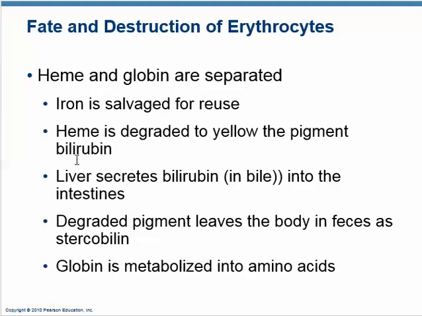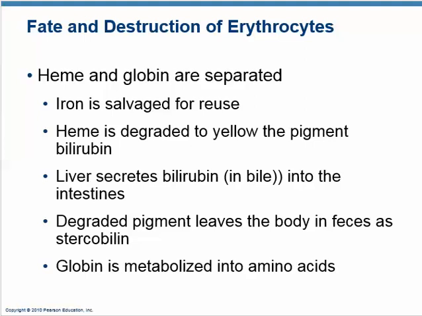Bilirubin: rubin means red, red blood cell in the bile. So that ends up getting pushed over to the liver, where the liver mixes this bilirubin as an excretion product into the bile, which then gets squirted out into the intestines, and we get rid of it.